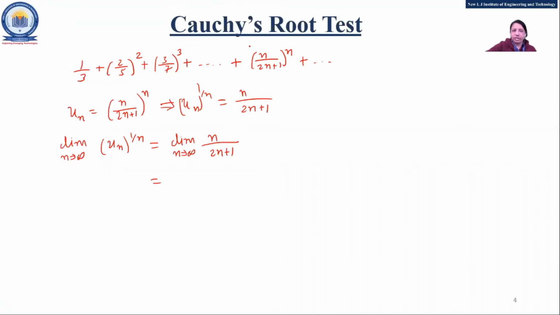Just take n common here. So we'll have 2 plus 1 by n, and n is supposed to be cancelled out. So the answer is 1 by 2, which is less than 1.